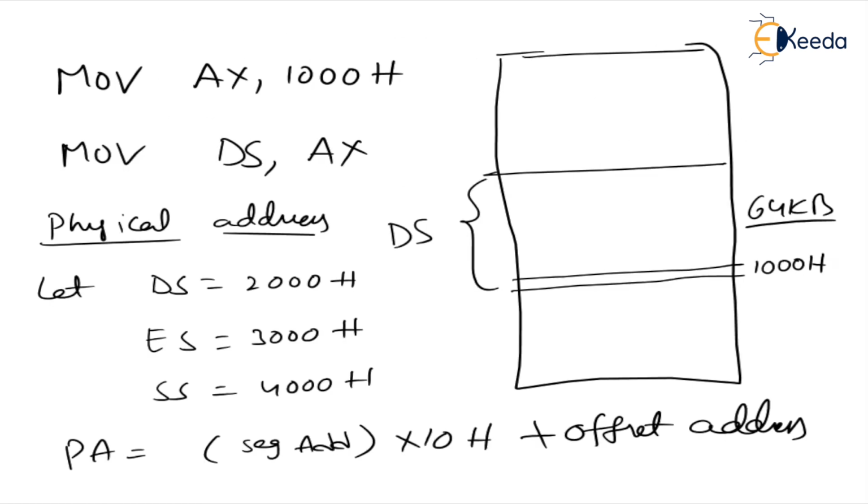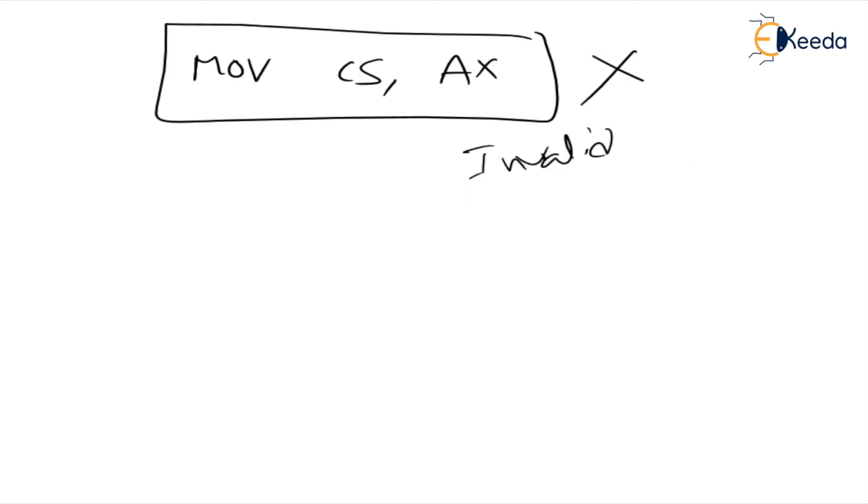The first limitation: source and destination should not both be segment registers. Second, we cannot transfer the data in ax into the code segment. In the next class we will discuss direct addressing mode.